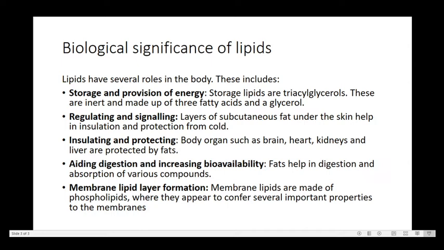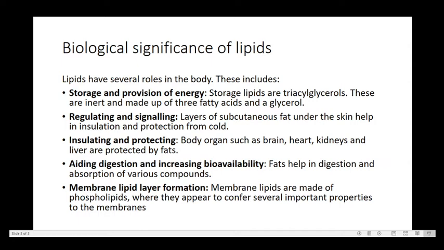As you know, most of the energy required by the human body is provided by carbohydrate and lipids. While carbohydrate provides a ready source of energy, lipids primarily function as an energy reserve. The excess energy from the food we eat is digested and incorporated into adipose tissue or fatty tissue.